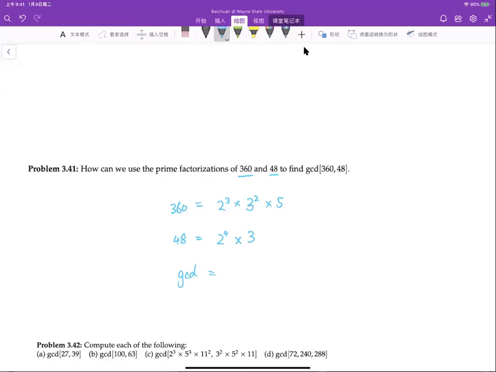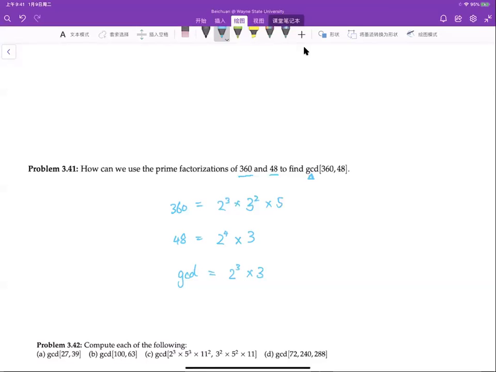So there's 2 to the third power, so you use that, and then 3, and then 5. Is there 5? No, there isn't 5, because you only do the common. Yes, great. So the keyword is common here, right?